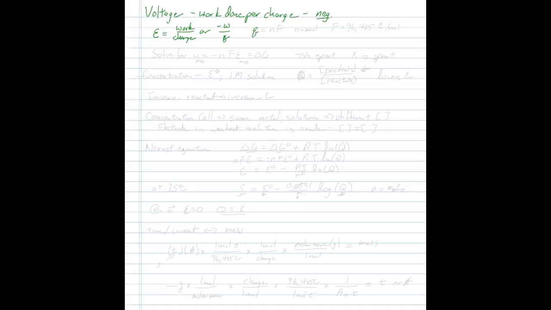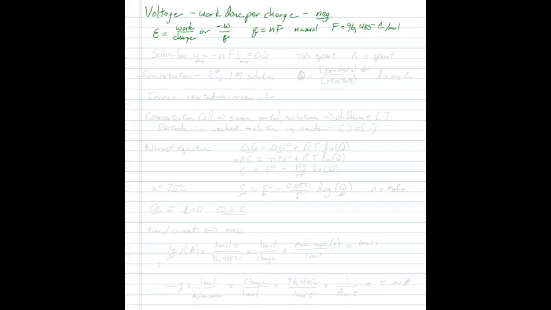So Q is NF, where N is the number of moles, and F is a Faraday, and a Faraday is 96,485 coulombs, which is a unit of charge per mole.